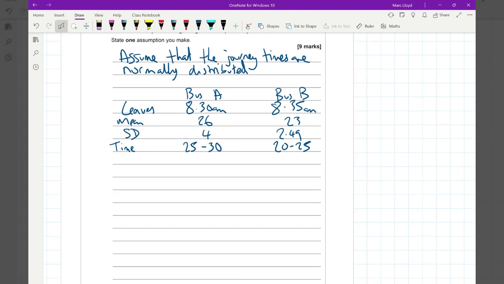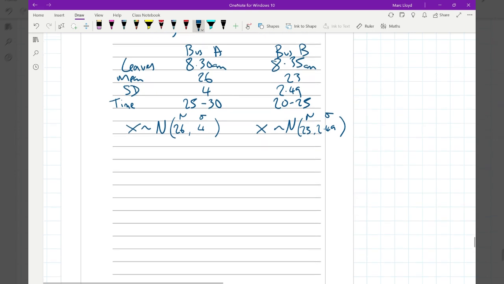Now we need to put this into our calculators. So with X being normally distributed, X is normally distributed, and we've got a mean here of 26 with a standard deviation of 4. On the other one, X is normally distributed with a mean of 23, and we've got that standard deviation of 2.49.